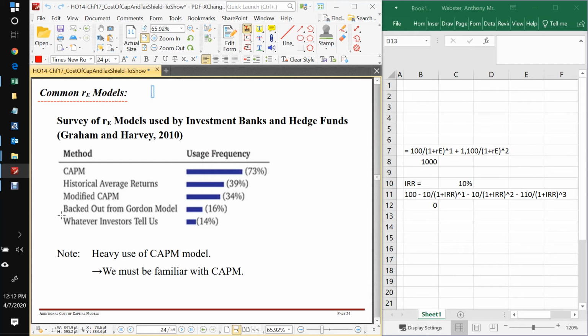And then folks can use what's called the Gordon growth model, which we'll get to later. And I love this, whatever investors tell us. So that's the kind of firm that you probably don't want to go work for. Okay, but one thing that's very clear here is that CAPM and modified versions of CAPM are used far and away more than anything else. So for that reason, we've got to be familiar with at least the basic CAPM model.